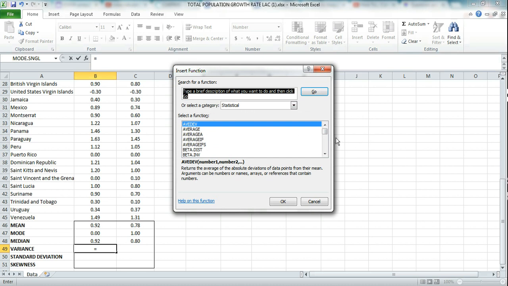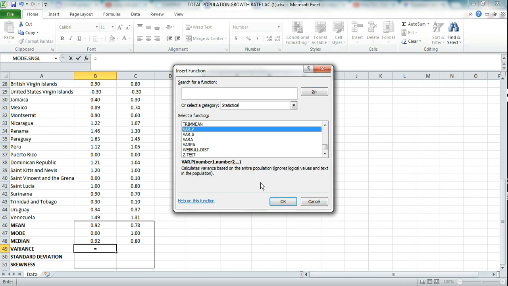It's already set to statistical, and I can just scroll down for variance, and you're gonna see three variances. The main ones are the variance of the population, the variance of the sample.